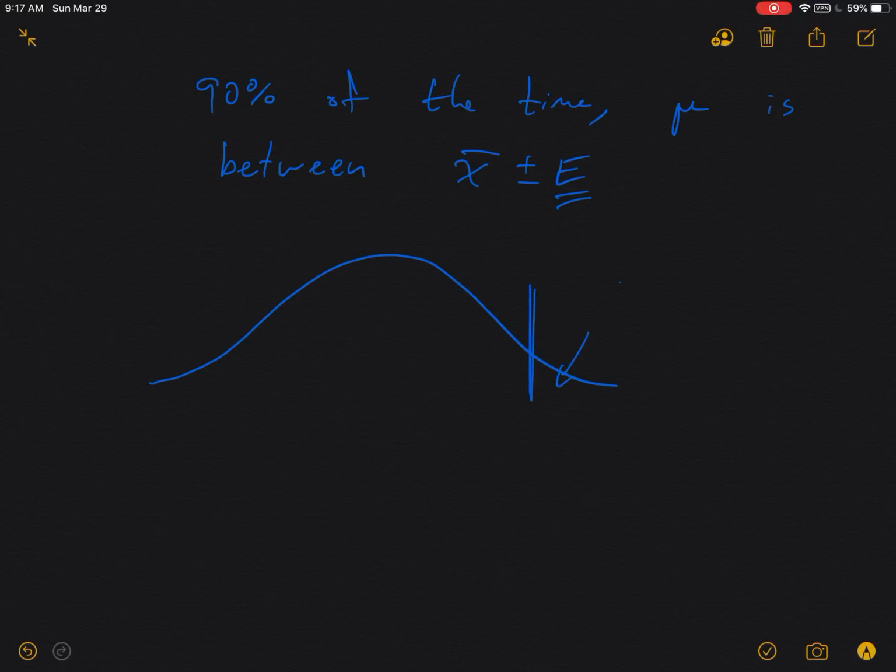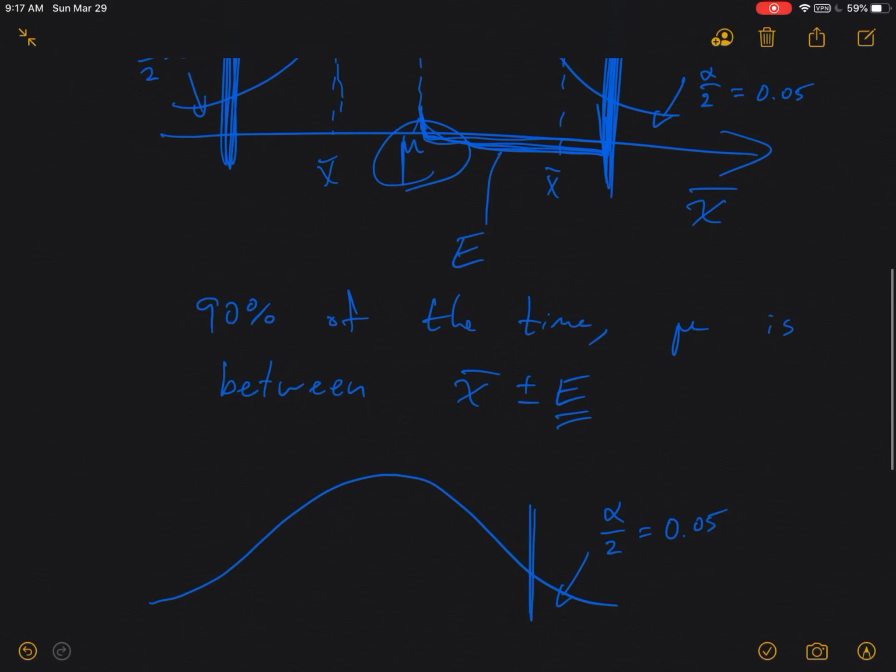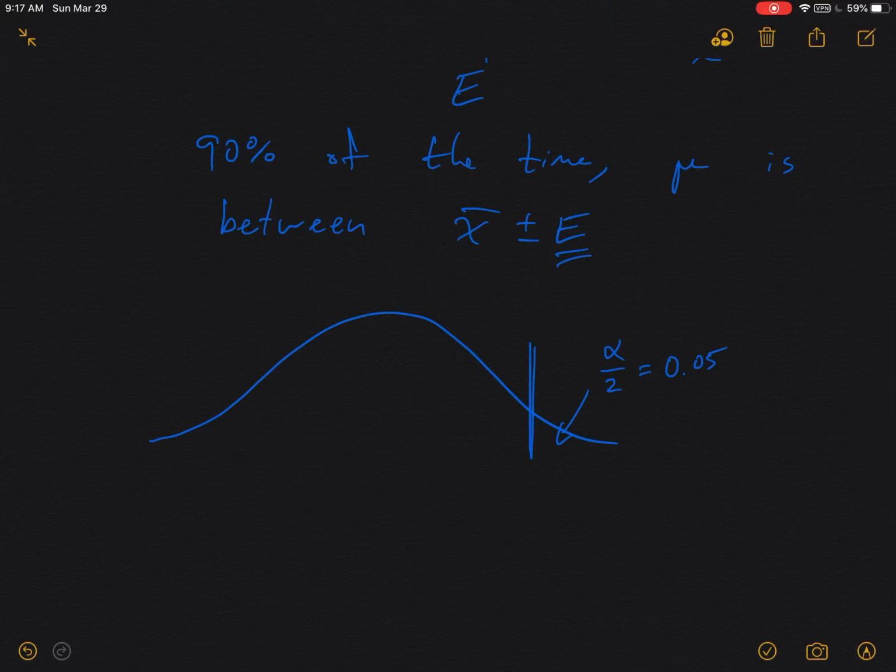Now, let's say that I want an area of 0.05, like we had in this upper picture, to live on the right side over here of a particular z-score. What I can do is look up the z-score that has an area of 0.95 on the left, because remember that our table of z-scores has all of the left areas.